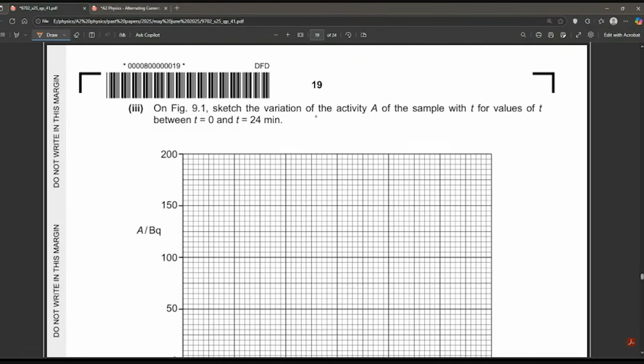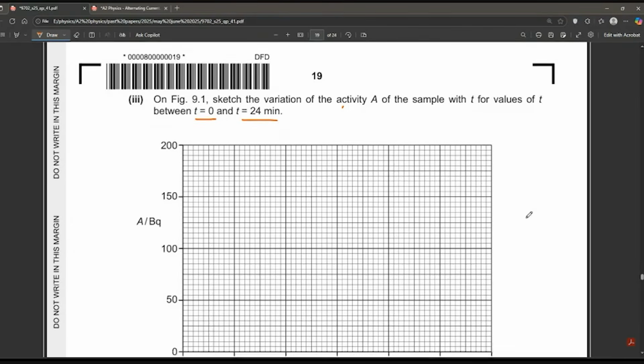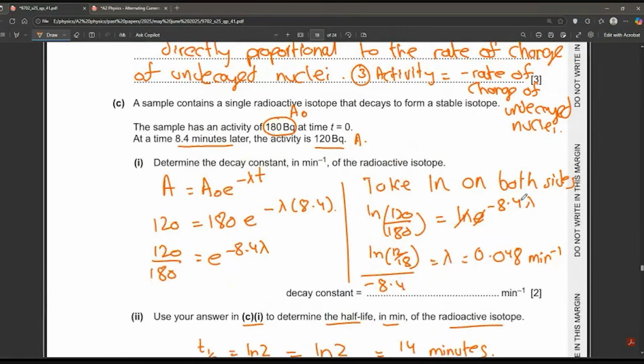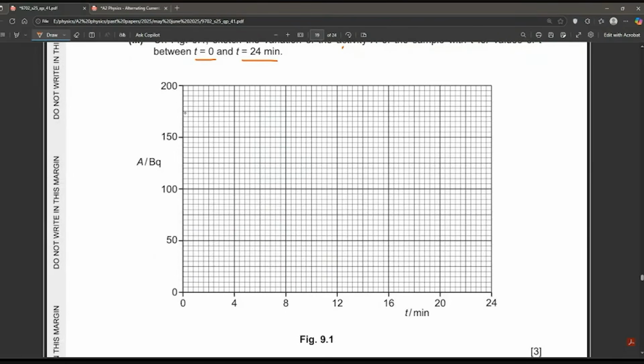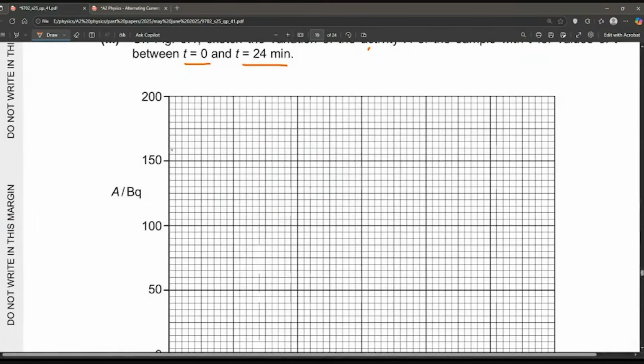On figure 9.1, sketch the variation of activity of the sample with time from time t equals 0 till time t equals 24 minutes. So what was the initial activity? 180. Let's make 180. This will be 160, ये 160 के करीब आ जाएगा.